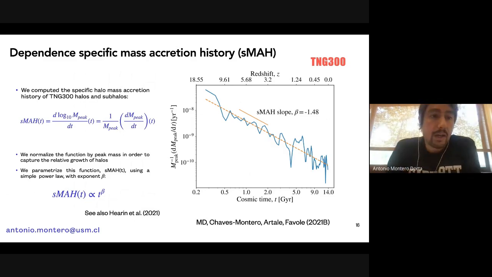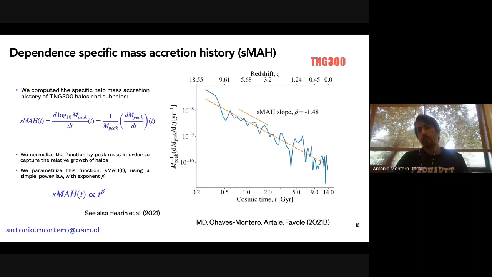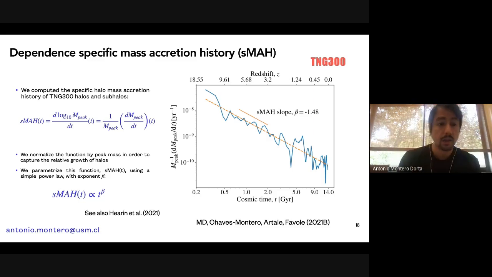So we used TNG 300 and we computed this specific mass accretion history, the expression that I have there on the left-hand side, divided by M peak in order to capture the relative growth of halos. It's normalized. And of course, we used M peak because it's supposed to be more stable. This is the maximum mass that a halo can reach in its whole history before the time that you're measuring it, right?